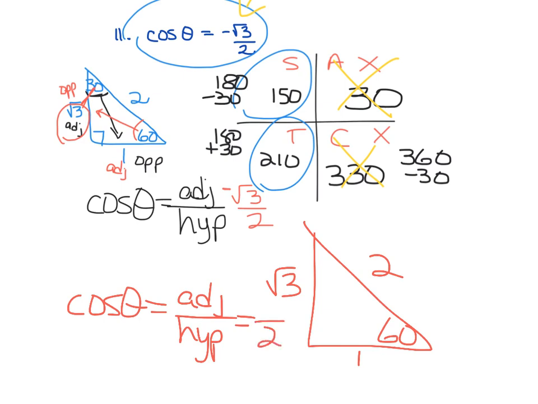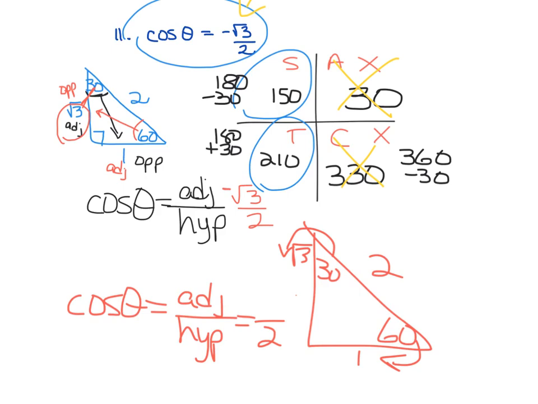I was trying to see which angle gives me square root 3 as adjacent. Is it the 30 that has the root 3 as adjacent, or is it the 60? And because the 30 has the square root 3 as the adjacent, that's the one I use. Does that make sense? That's how you decide which one to use. So because the root 3 was adjacent to 30, that's what I used.